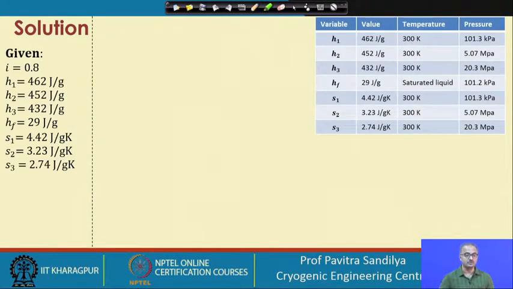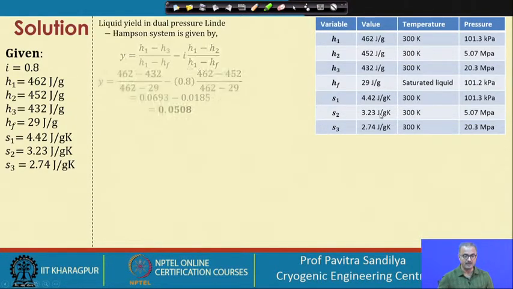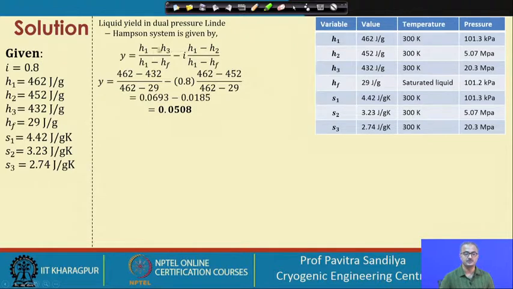Now let us go to the solution. We put all these things here. This I represents the ratio of the intermediate stream to the total mass flow rate. This is given as 0.8, and we write all the values of the enthalpies and entropies in this particular table. Now, for the dual pressure Linde-Hampson, this is the particular expression which we derived for the liquid yield.